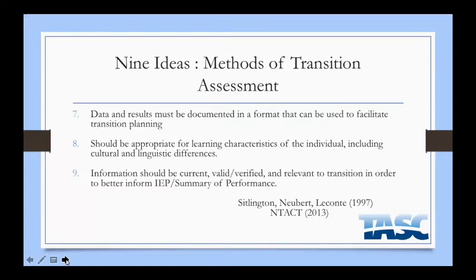And finally, the information should be current, valid, verified, and relevant to transition in order to better inform the summary of performance. These methods of transition assessment were first published in 1997, but have been verified multiple times by the National Center. So these recommendations of what to do to conduct transition assessments are research-based. This is an evidence-based practice of how to conduct transition assessment.